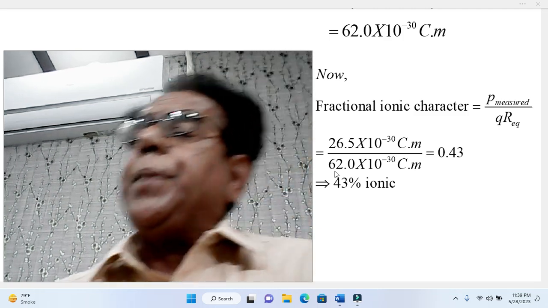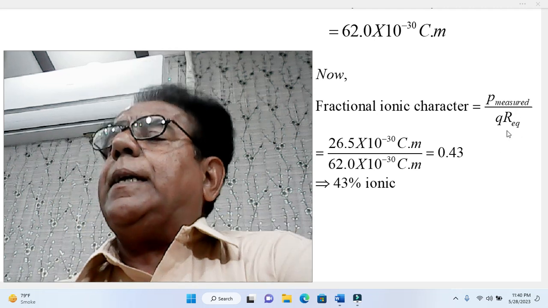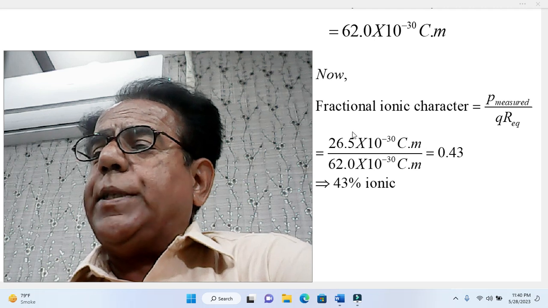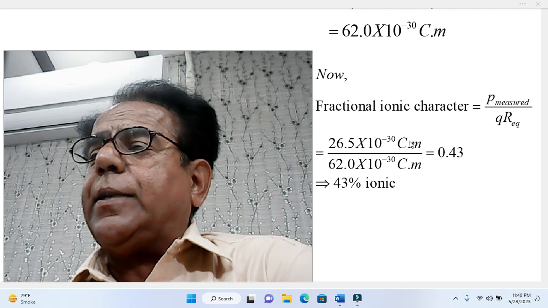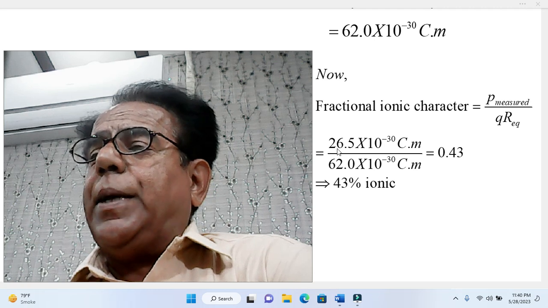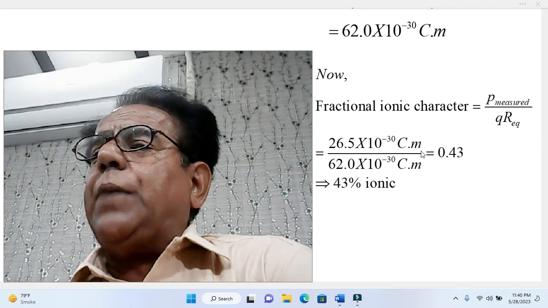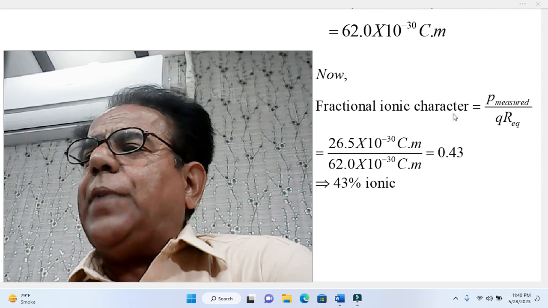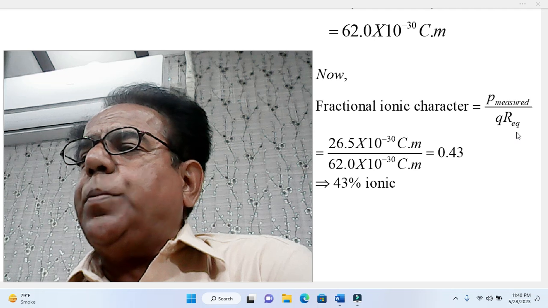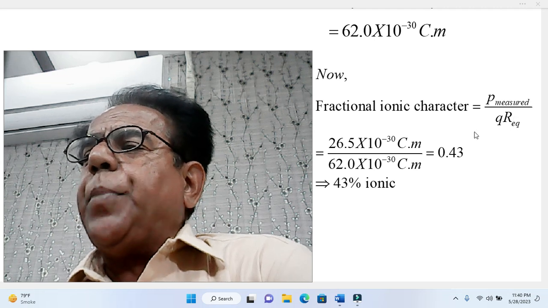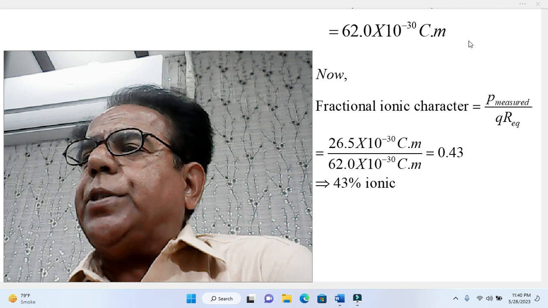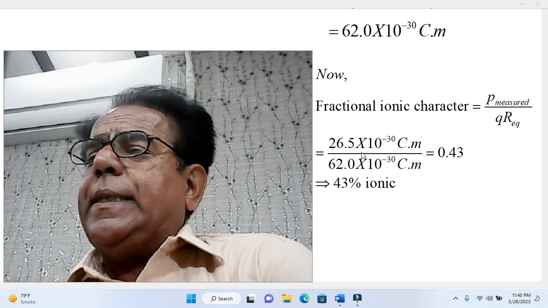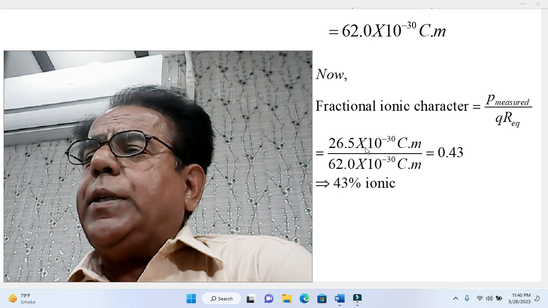Actually, dear students, this value, the measured electric dipole moment, is given in the statement. This value 26.5 into 10 raised to the minus 30 coulomb meter is given in the statement, while this value we have calculated here. This is the value of QR equilibrium. In the numerator, this value is given, which is included in the statement.